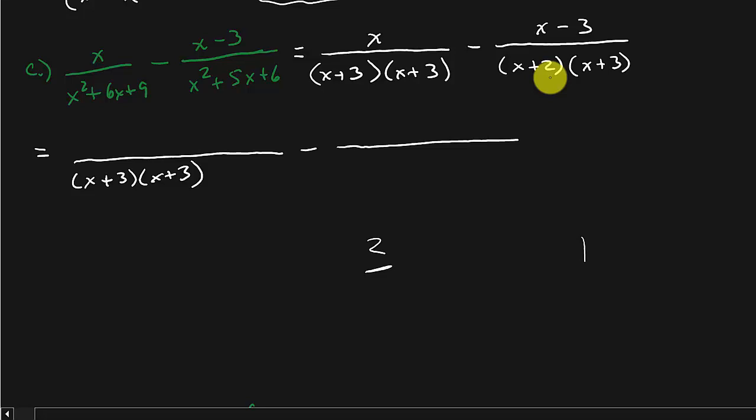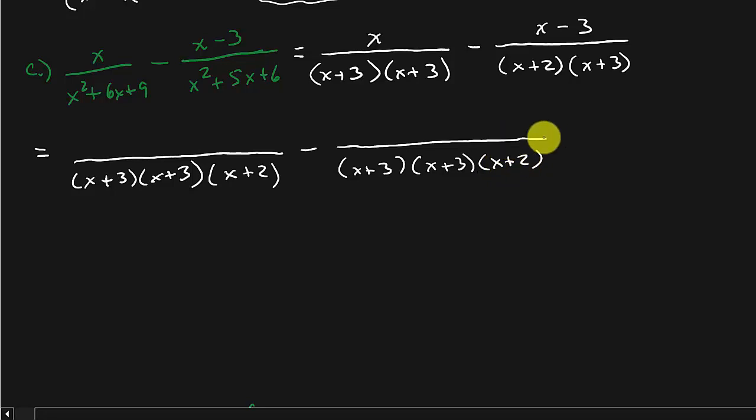And then we look at the x plus 2. Here it appears once. Here it appears 0. The most it appears in one of them is 1 time. So we use it 1 time. So hopefully that cleared up getting the common denominator. Hopefully you understand how to find it now. And so there's our common denominator.